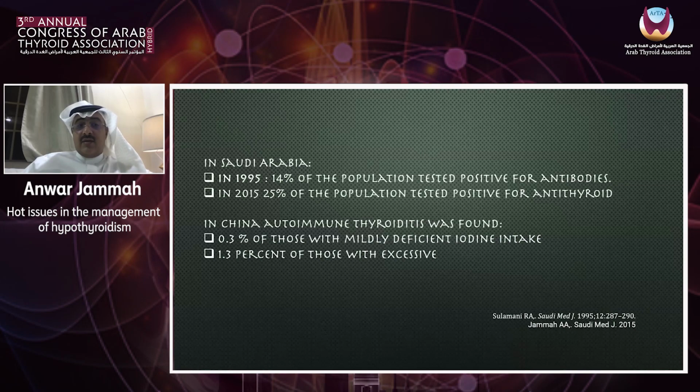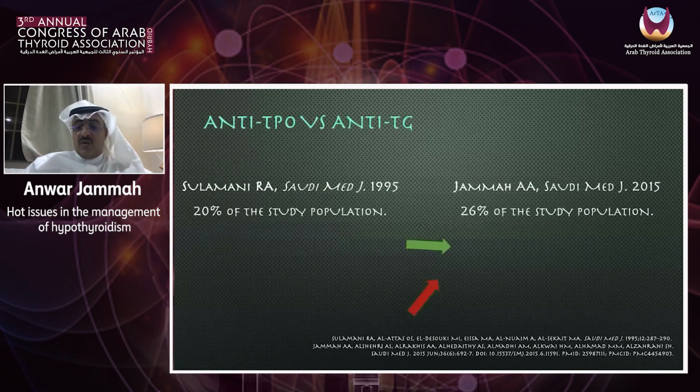In our study in 2015, it was 25% of the population. And in China, we have almost a similar effect: 0.3 with iodine deficiency have autoantibodies, and 1.3 with excess iodine. So this is almost telling us that in Saudi Arabia, the iodine repletion was more.